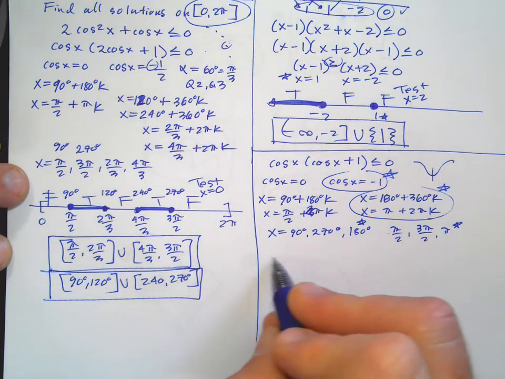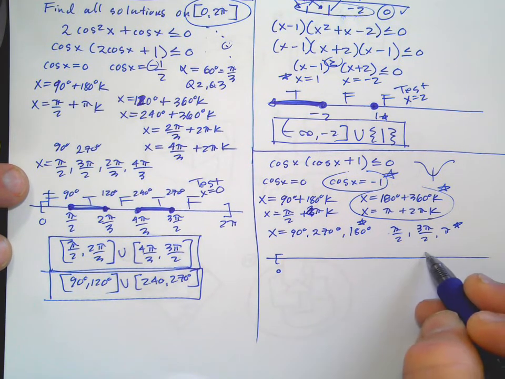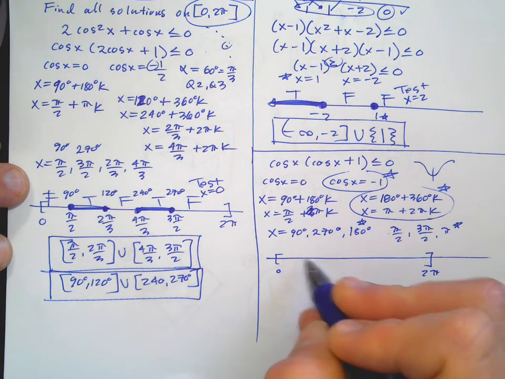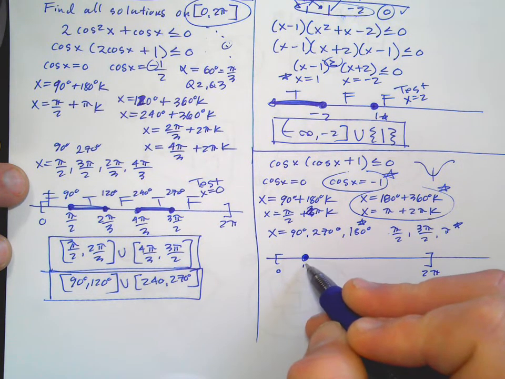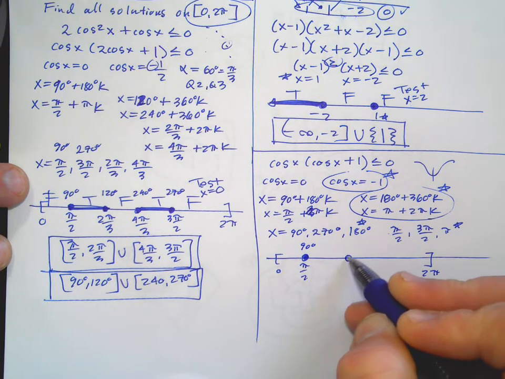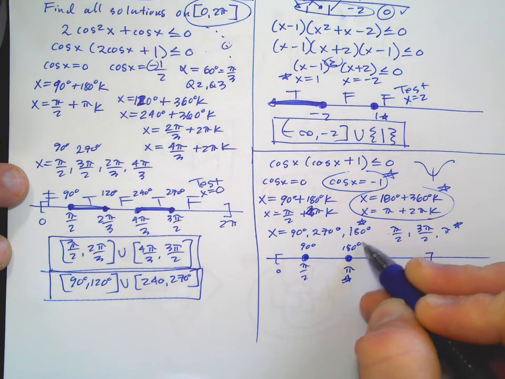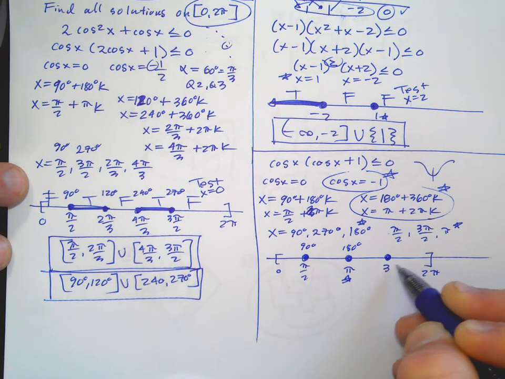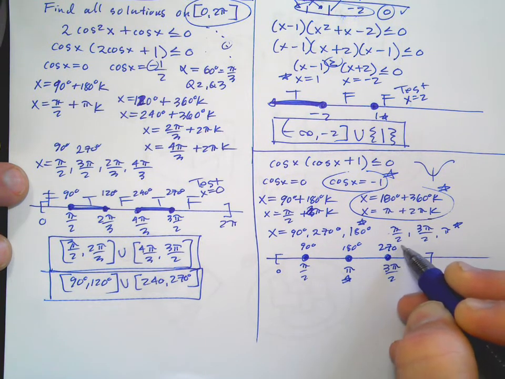Okay, so line check. 0, 2 pi. These are solid dots, pi over 2, 90 degrees, pi, and 180 degrees, 3 pi over 2, 270 degrees.